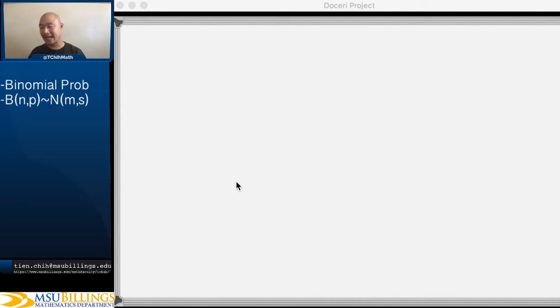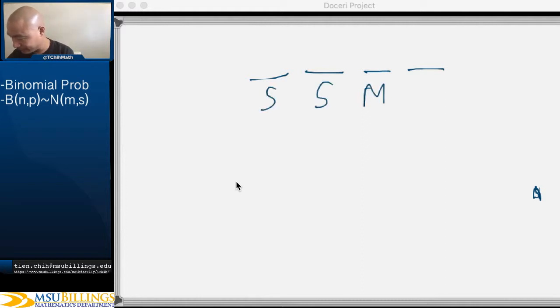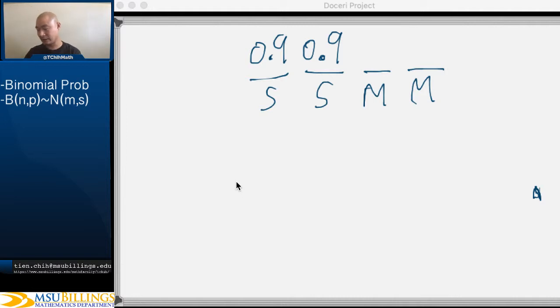And so naively, you might say something like, all right, well, she has to make four shots, right? She has to make four shots, and then let's say two of them are successes, and two of them are misses. And what's the probability that that happens? Well, the chance of the first two being successes are 90% each, right? Because she has a 90% chance of making a shot.